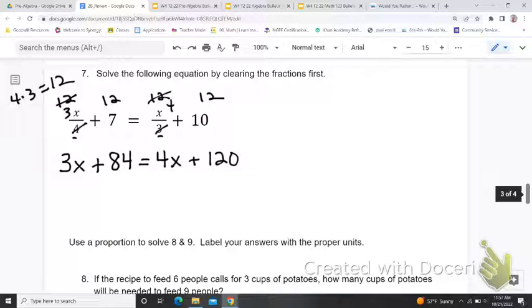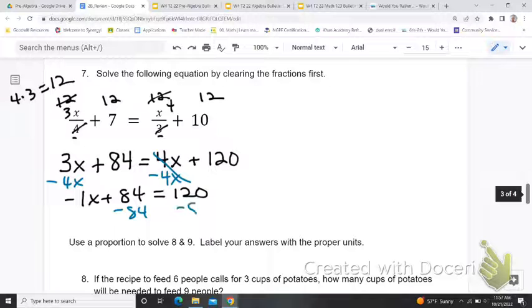I'm getting my message about low battery, so hopefully I can get through the review. So take away 4x on both sides, or I could have moved my 3x over. That would have actually been one less step in this case. But I'm going to carry on. Take away 84. So then I have negative 1x is 36. So x is negative 36.